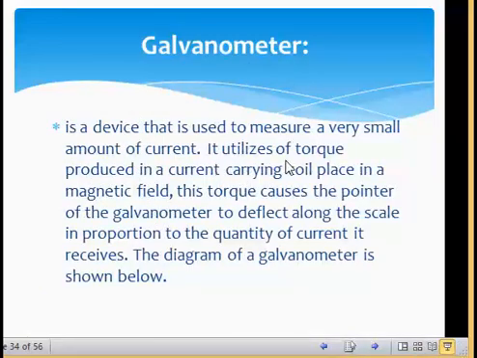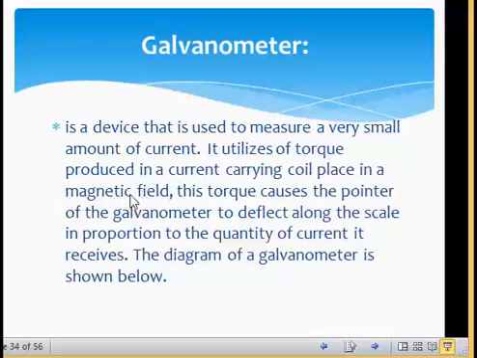Now it utilizes the torque produced in a current carrying coil placed in a magnetic field. Remember, a coil of wire carrying current has a magnetic field inside it.